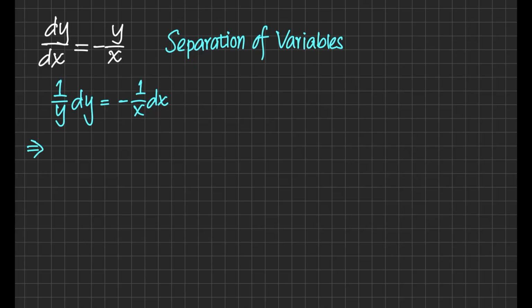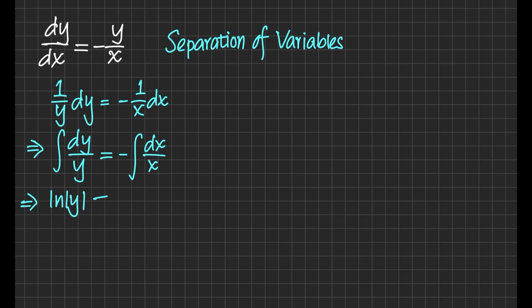And then we will integrate both sides of the equation. So integration of 1 over y gives us ln y. This is equal to integration of 1 over x, which gives us minus ln x plus a constant.